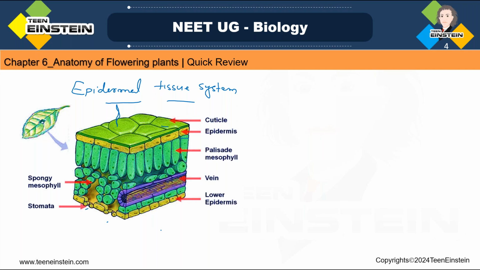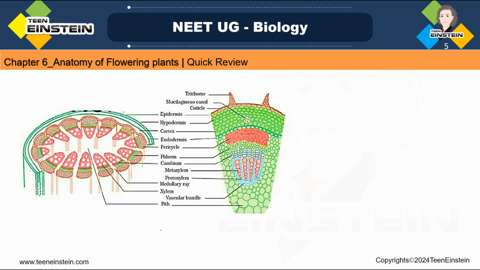Okay, next we know the ground tissue system, right? Here in the ground tissue system, or this is a fundamental tissue system, that forms the main body of plants. The fundamental or the ground tissue system forms the body of plants.